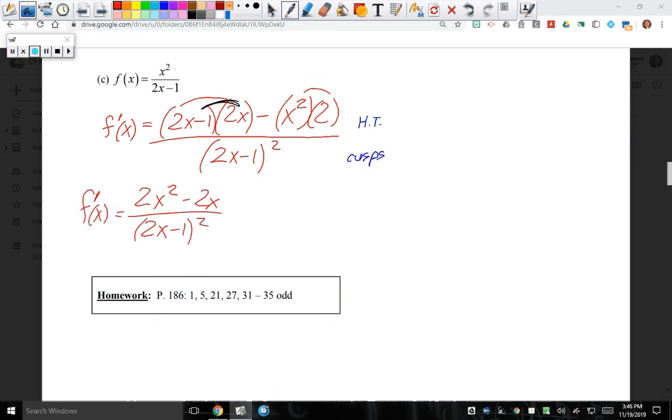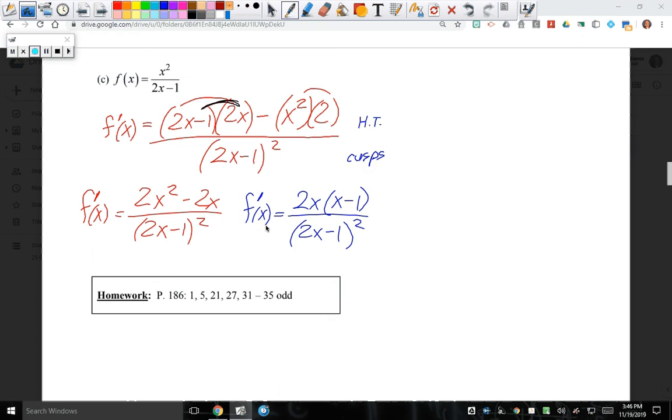Again, I want to get it to its most factored form. So simplifying and GCFing will give me 2x times x minus 1 up top, and then 2x minus 1 squared on the bottom. This is the one that I'm wanting to look at.